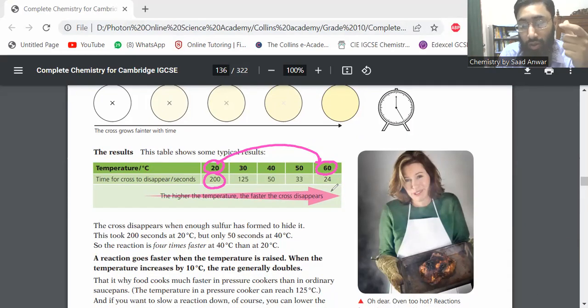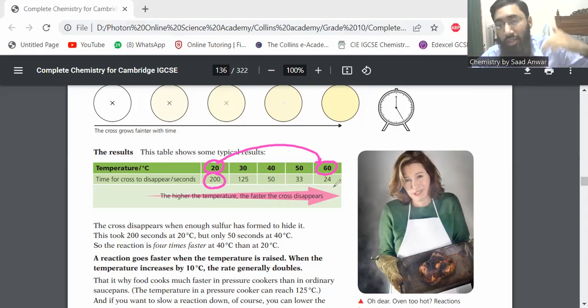It means when we increase the temperature, the same reaction goes faster and requires less time to make the product.